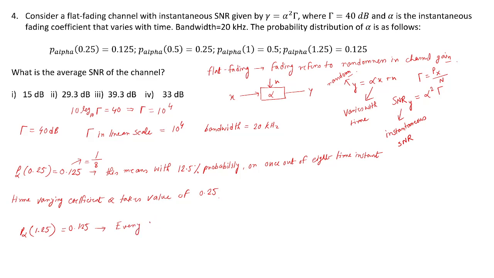Once out of every 8 time instants, alpha takes the value 1.25.